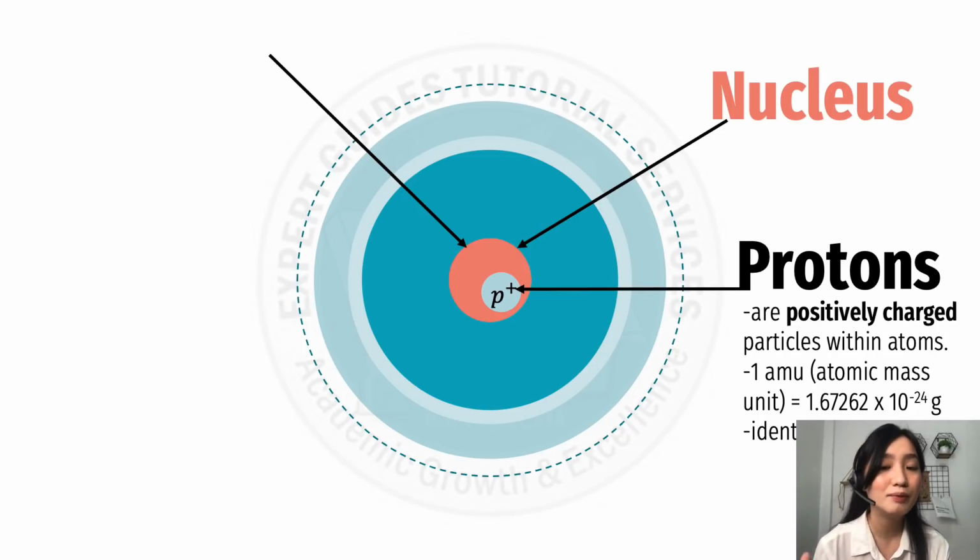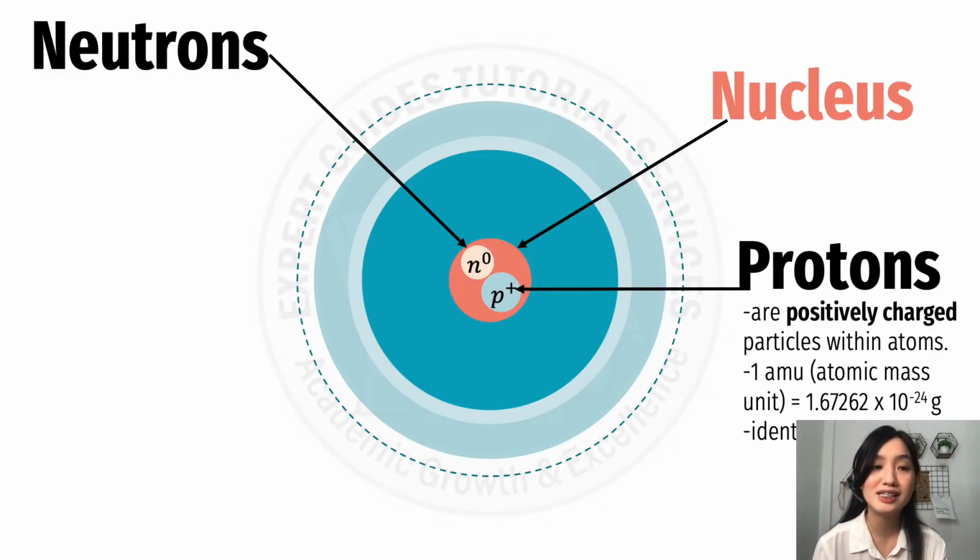Alright, so another subatomic particle inside the nucleus is neutron. So atoms of all elements have neutrons inside the nucleus except for one element. Can you guess which element is that? You guessed that right. Correct. We have hydrogen. And some of the atoms of hydrogen do not have neutrons inside their nucleus.